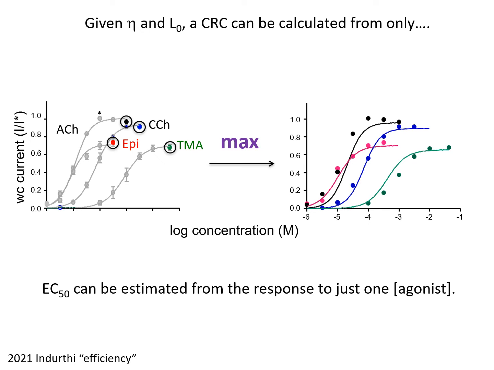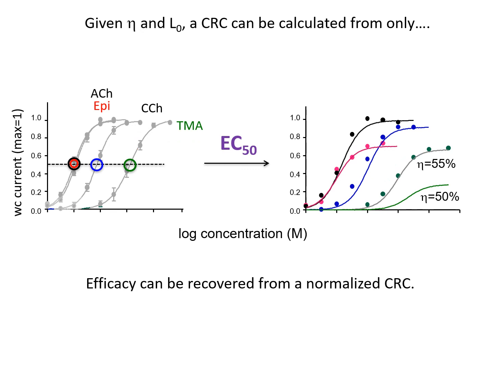And similarly, because of the blue equation, given efficiency and L0, a CRC can be calculated from only the EC50. So here are the EC50s. What we did, we took those curves and normalized them to a maximum of 1. So in all cases, their maximum is 1. And we just fit them to the Hill equation to get just the EC50.